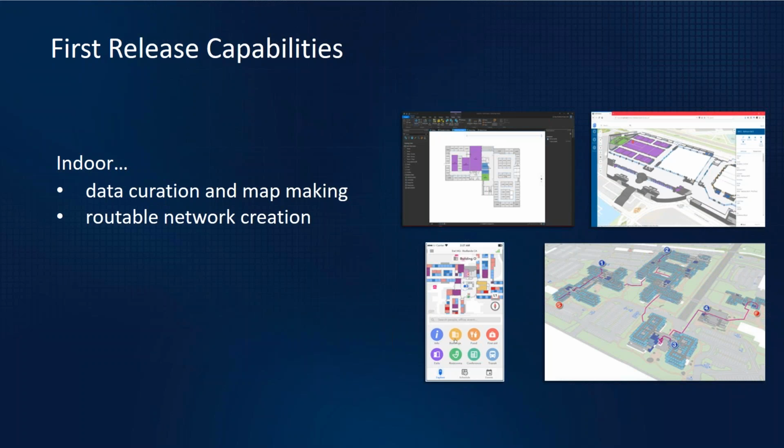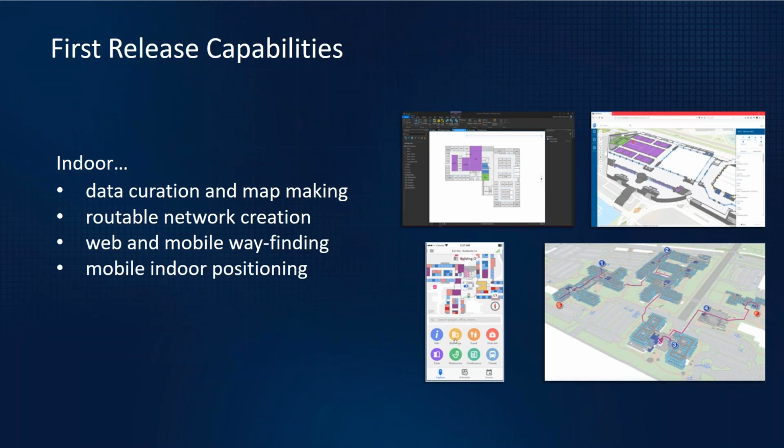We also provided tools that can support auto-generating indoor routable networks. We also provided a web and mobile wayfinding application, and the mobile version of that wayfinding application supports interfacing with indoor positioning systems such that we can show users where they are on an indoor map through showing them a blue dot on that map.